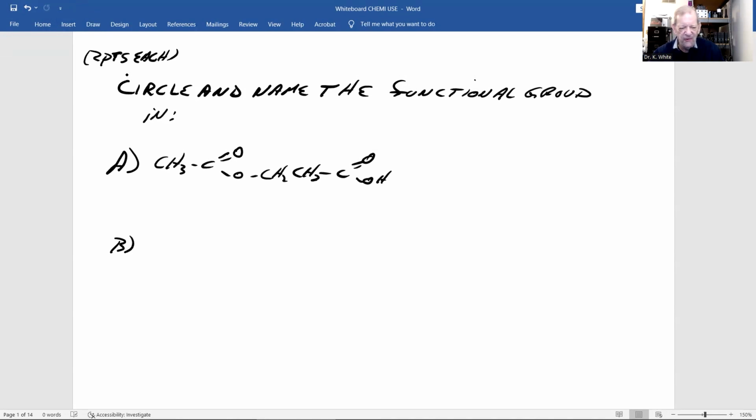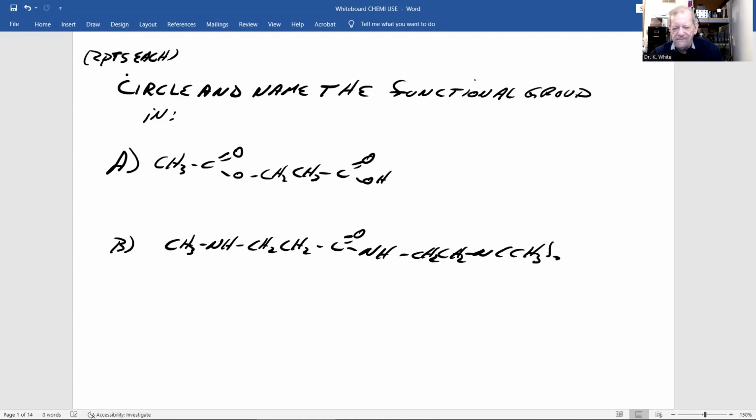That's 1. Let's just do 2. And here, 2 to circle and name the functional group, 2 points each. And I'll let you try it. Hit the pause button if you need extra time. So I'm going to zoom through real quick now. Time's up. Hit the pause button if you need more time.